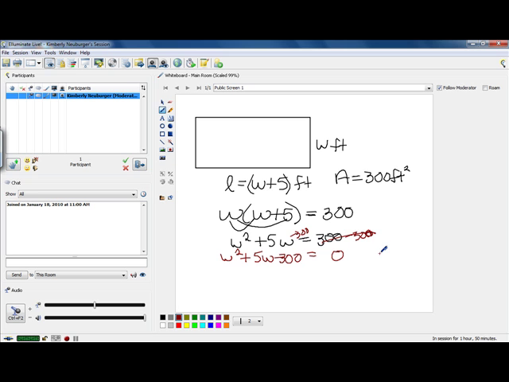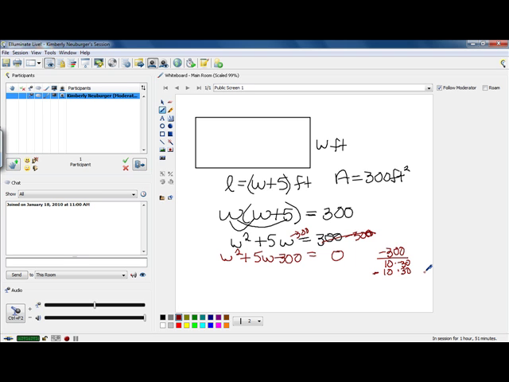So off to the side, you're going to do your negative 300 and list things, but we don't want to start at 1 times 300 because that's not even going to be close because we're looking for a 5. So how about if we start with something a little larger, like maybe let's start with 10. So we have 10 times negative 30, or we could have negative 10 times positive 30.